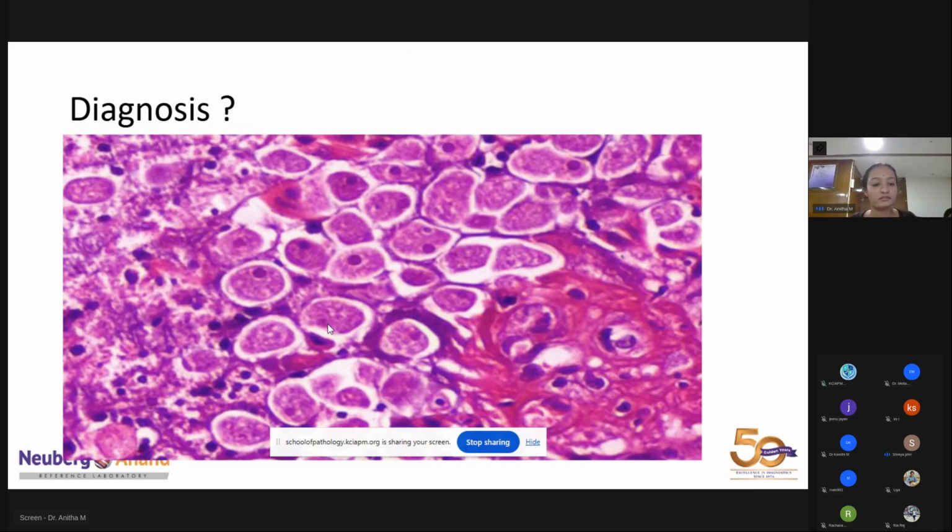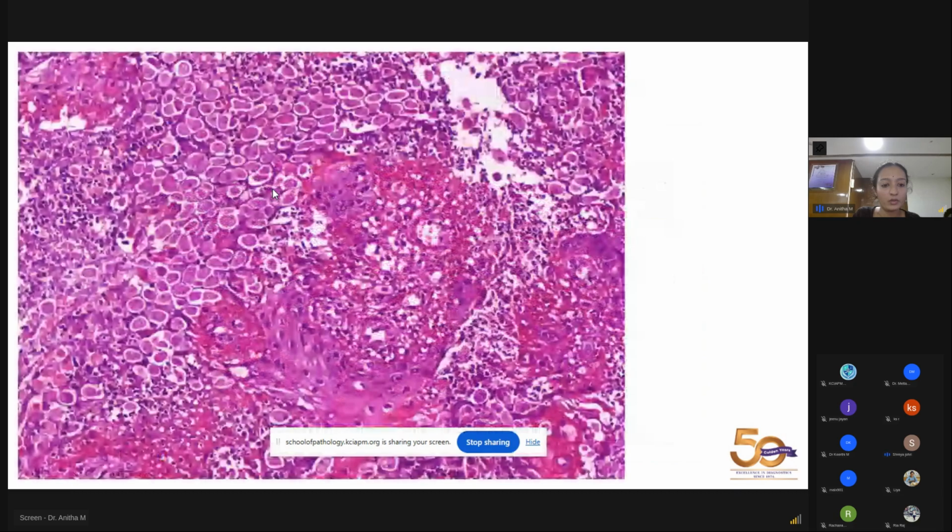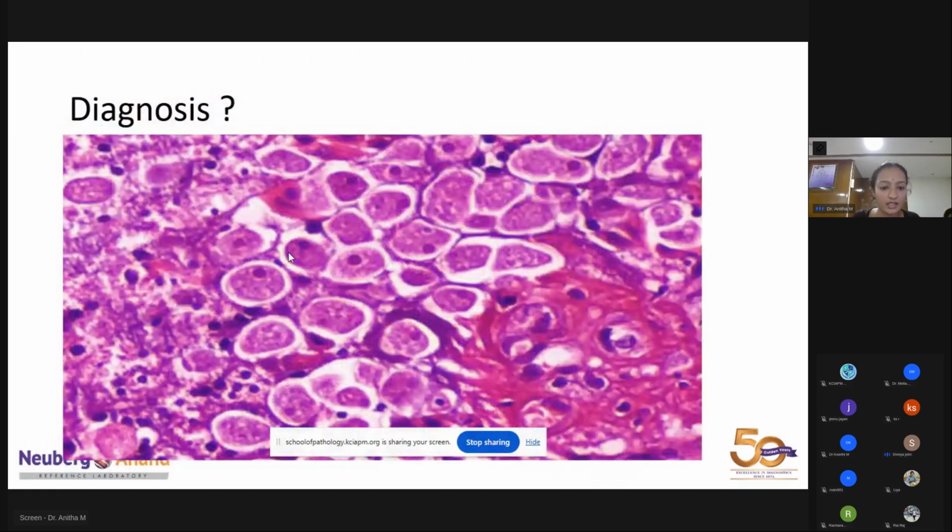Any other PG can also unmute and share the response. So there is condyloma here, and ulceration. In high power, we saw these cells. Can someone tell me what these cells are?